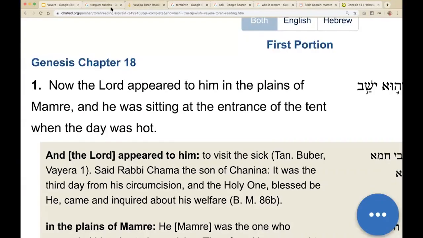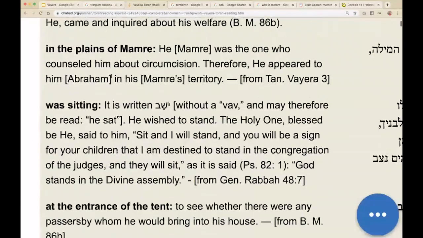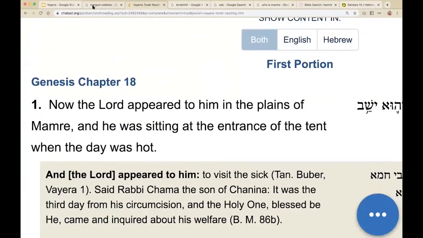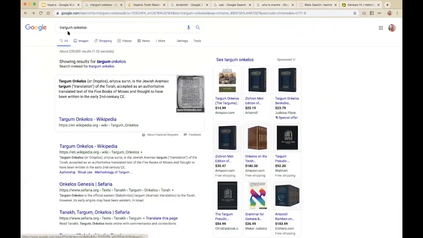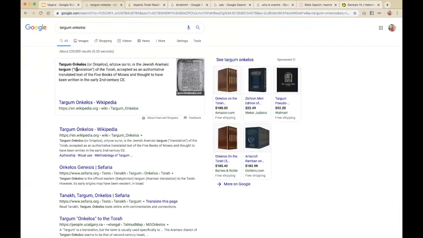I read a commentary that said Chabad is probably using the Targum Onkelos for its translation. Targum, T-A-R-G-U-M, Onkelos is a Jewish Aramaic translation of the Torah, accepted as authoritative, and it's usually very literal. However, in certain places, it's not literal. It is interpretive.